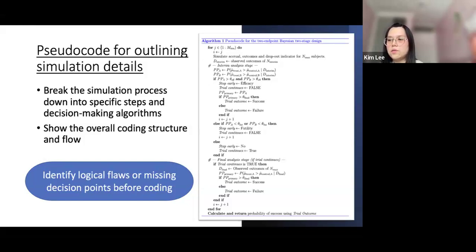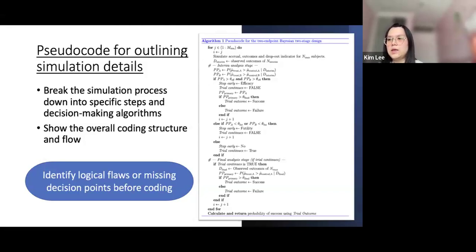It also shows the overall coding structure and flow. Writing the pseudocode helps us identify logical flaws or missing decision points before coding. The figure on the right is an example of pseudocode that I don't expect you to go through. It is also available in our publication.